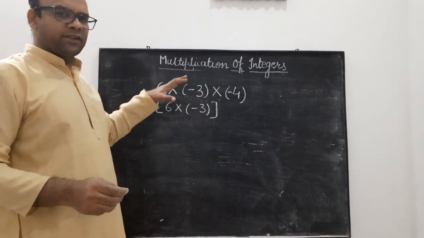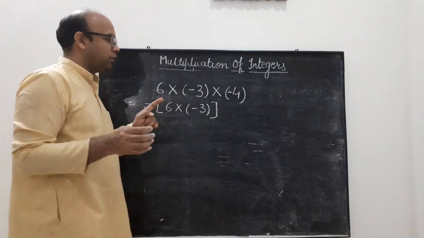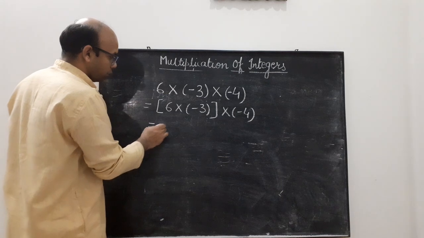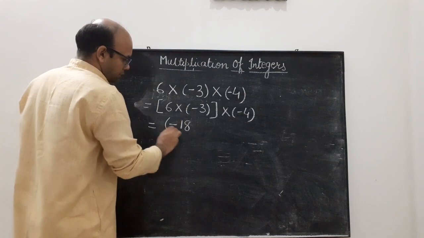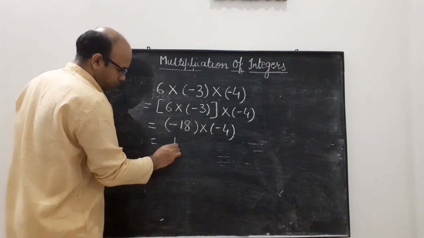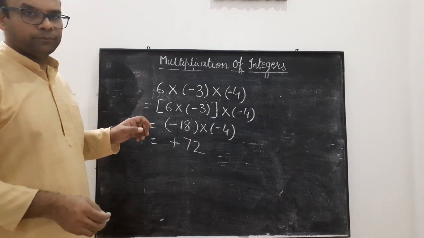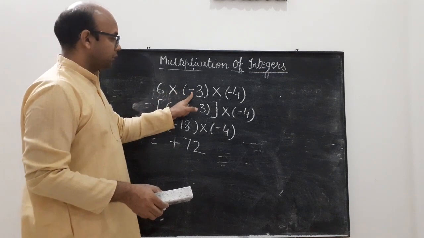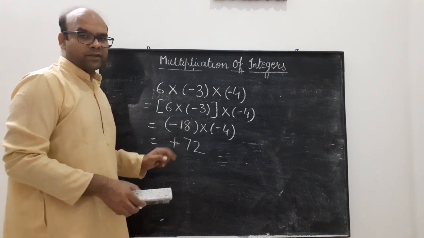Multiplication is a binary concept where we multiply two of the numbers first of all, and then we multiply the product with the third and so on. 6 cross minus 3 is minus 18, cross minus 4. Both are negative. Put a positive sign. 18 cross 4 is 72. So this is what we are getting. And we can also see that if two of the negatives are there, one is positive, the outcome is coming out to be positive.